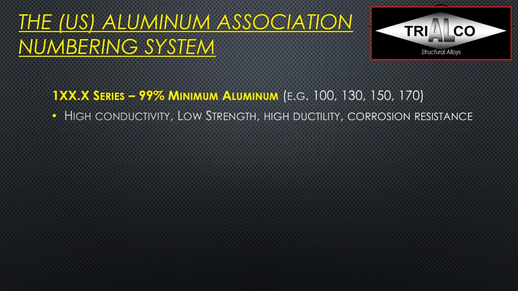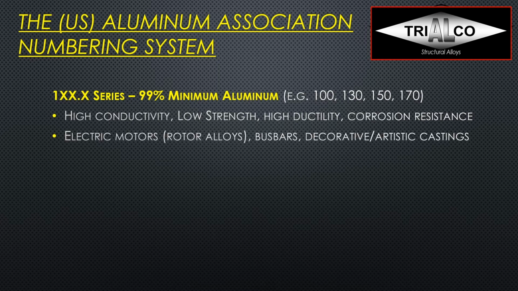There is no strengthening element in there, so they are low strength but very high ductility, and they're pretty corrosion resistant, just as pure aluminum is. And therefore, they are used primarily for electric motors. That's why we call them rotor alloys. They're also used for some bus bars, so electrical conductors, or decorative and artistic castings.